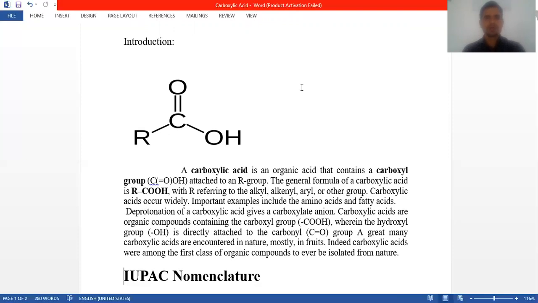The general formula of the carboxylic acid is R attached with a carboxyl group, with R referring to an alkyl, alkenyl, aryl, or other groups. These carboxylic acids occur widely, and important examples are the amino acids and the fatty acids. These are present in nature in abundant amounts.